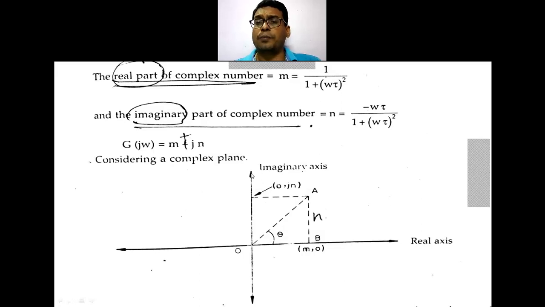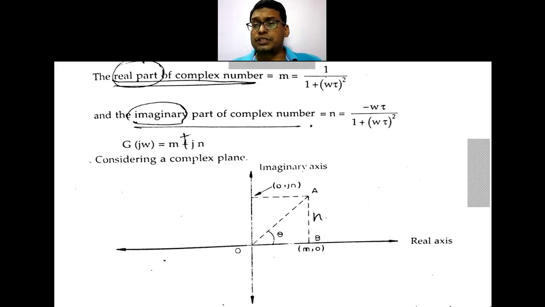Now if we plot on the complex number line, the imaginary axis is the y axis, and this is the n part, omega tau upon 1 plus omega squared tau squared, and the real axis indicates 1 upon 1 plus omega squared tau squared, which is m.